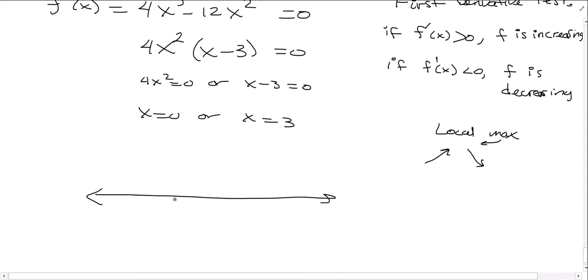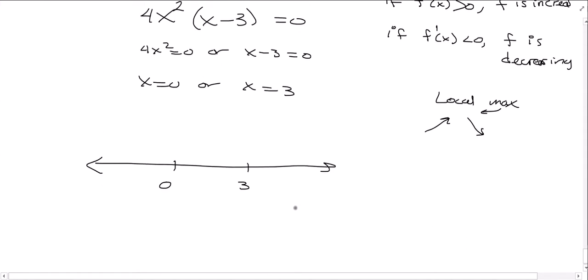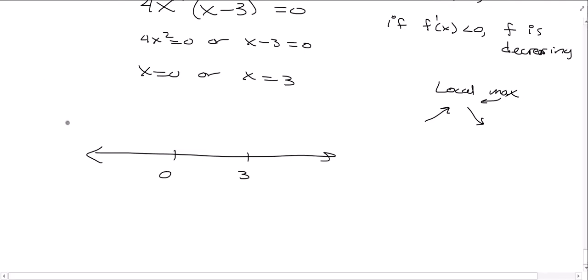We're going to put our critical numbers here, 0 and 3. Two critical numbers break up the number line into 3 different regions to test. We're going to test the derivative and see what the function is doing. So let's pick some test points.